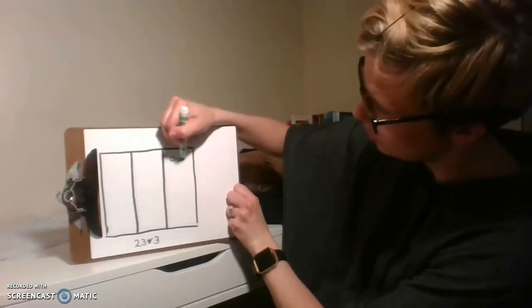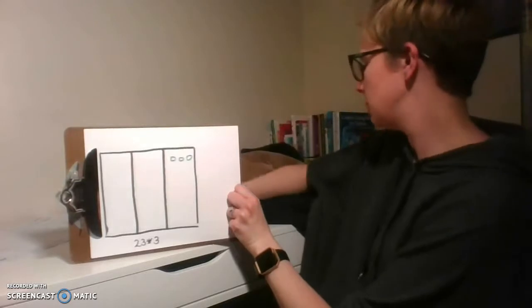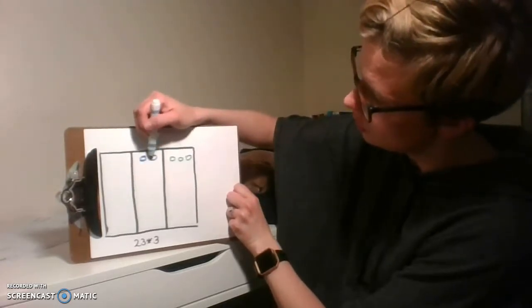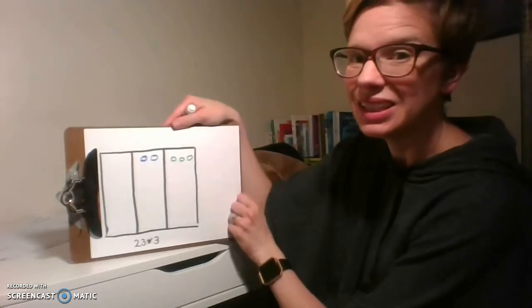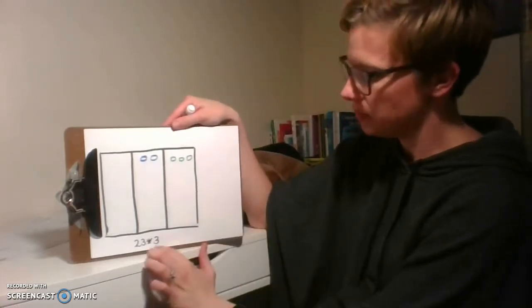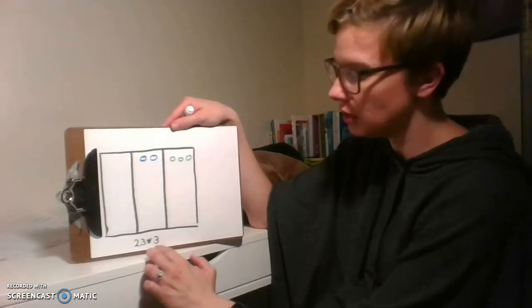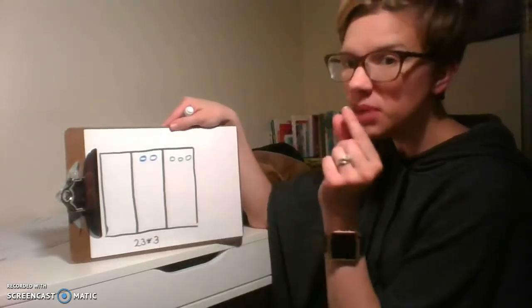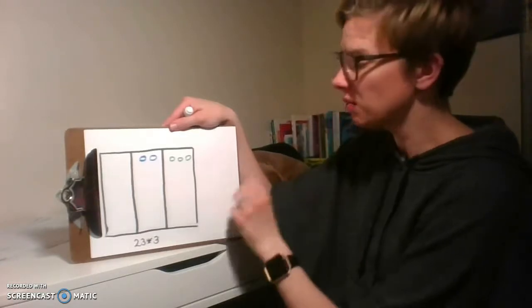Here's my 1, 2, 3 ones. And here's my 1, 2 tens. This time, I need to represent the number 23 3 times. So my mini array is getting just a little bit bigger.